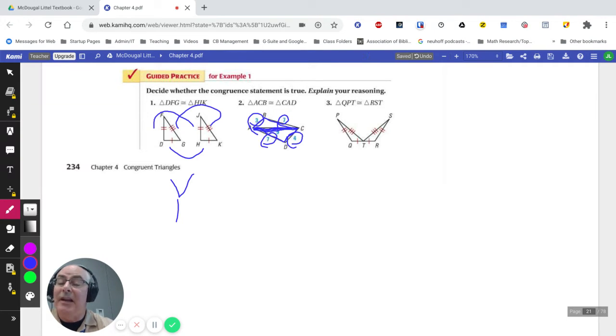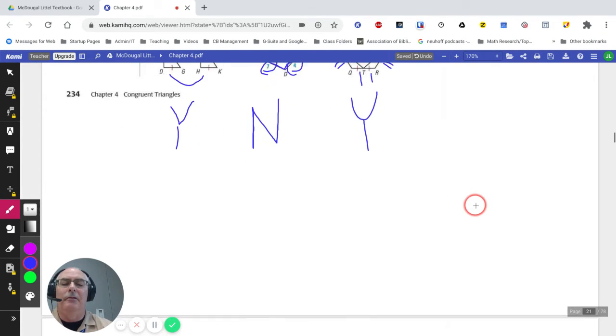Since those two sides don't have the same measure, those two triangles are not going to be congruent. And in the last case, I've got those two sides, and the third side. All three of the sides are equal in measurement. So yes, those two triangles would be congruent.